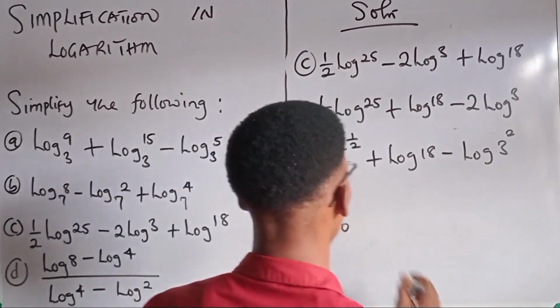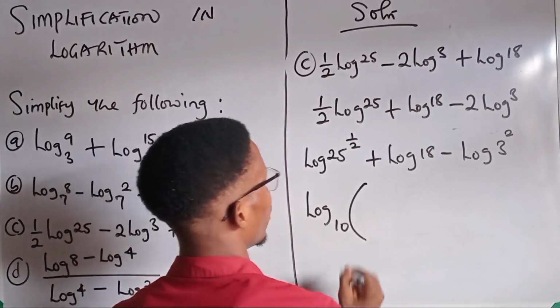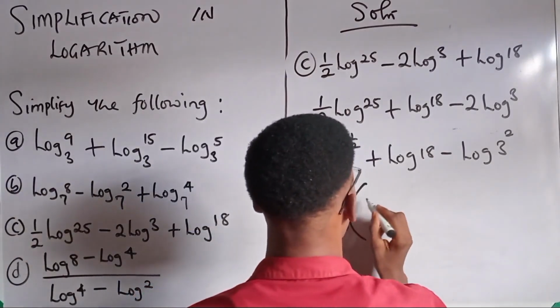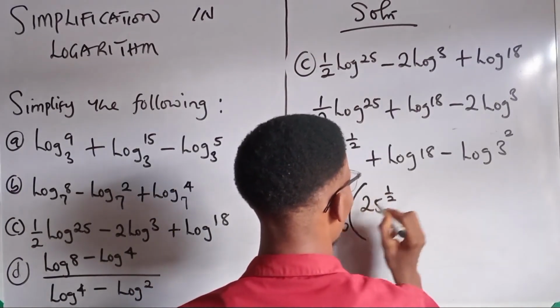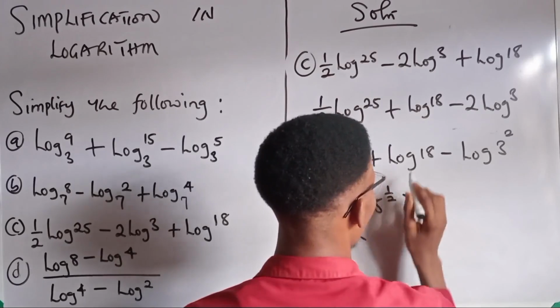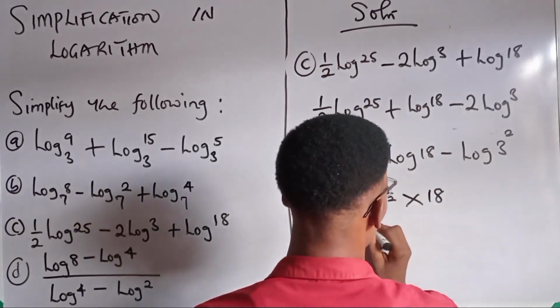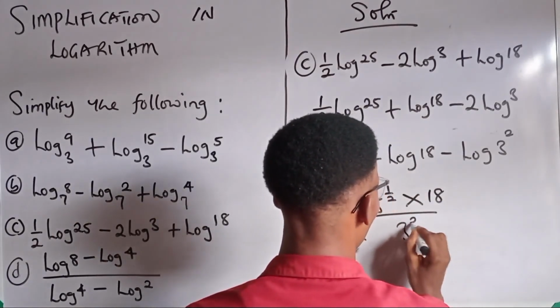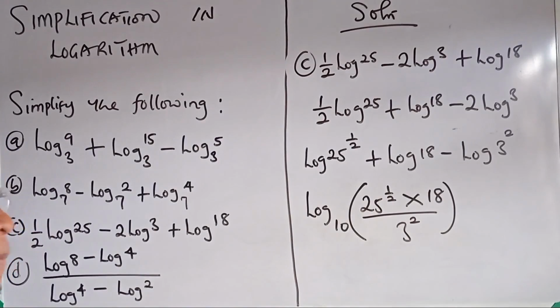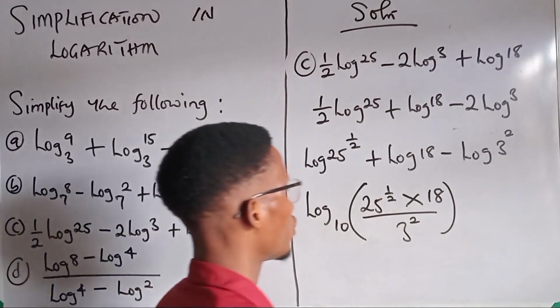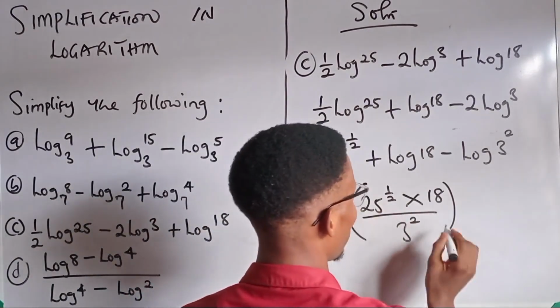Then next thing you do is here should now be 25 raised per half. Then multiply by 18. Then divide by 3 raised by 2. And that's what you're going to have. Okay, so the next thing you do is 25 raised per half.